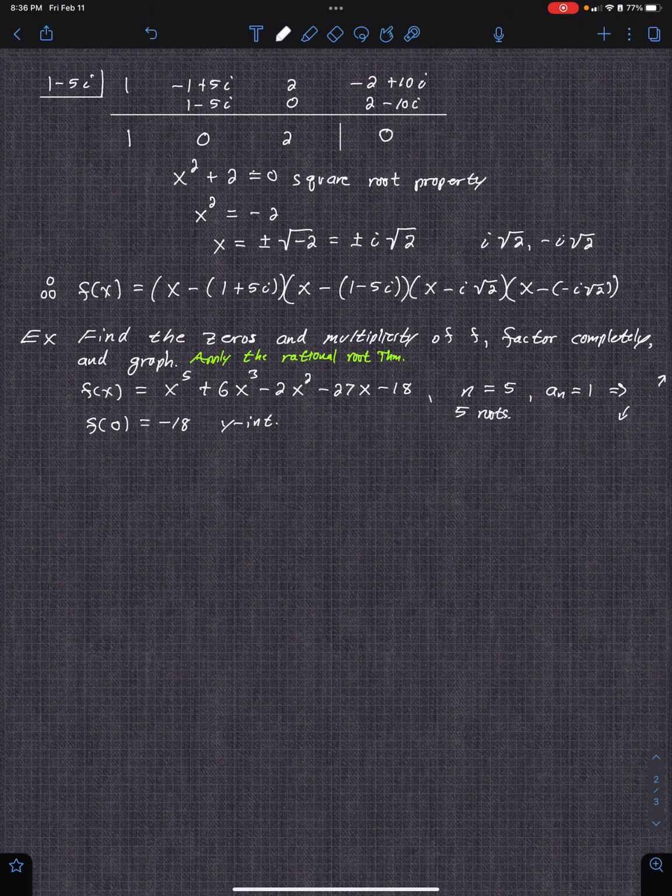Does that mean it crosses the x-axis 5 times? Not necessarily, because remember, they can be complex. If you have a complex root, that is not on the x-axis, so you may not cross there. So it tells us that it has 5, but they could be complex, so I wouldn't worry about that.